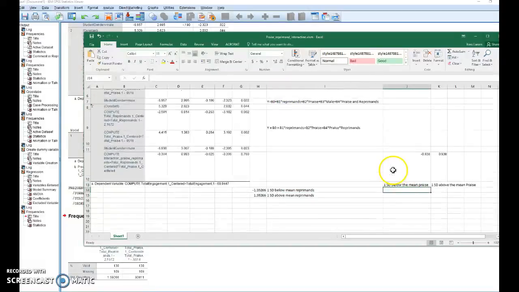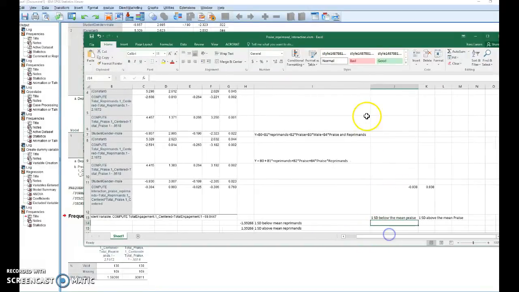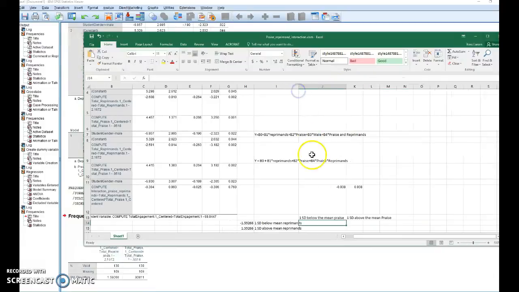Make this a little bigger. I should move it over so I can see it easier. So it's going to be equal to the intercept, beta naught, which is the constant, plus beta 1. Oh, and I forgot my dollar sign. I want to make sure that these things are always fixed, times the value for the first one, reprimands, so that's the value over here.